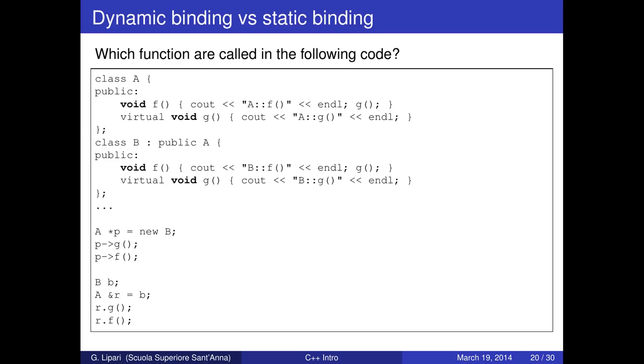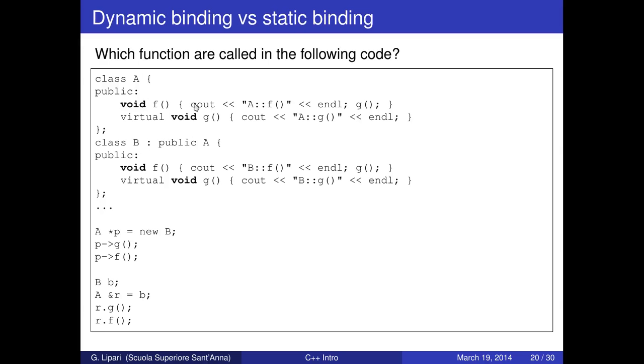Okay, so let's do a little exercise. Please observe these two classes and the code below, and let's see which function is called at every point. Here we have two classes, class A and class B. Class B derives from A, and we have a function f defined inside class A and function f defined inside class B. And then I have a virtual void G defined inside class A and a virtual void G defined inside class B. Let's look at what they do.